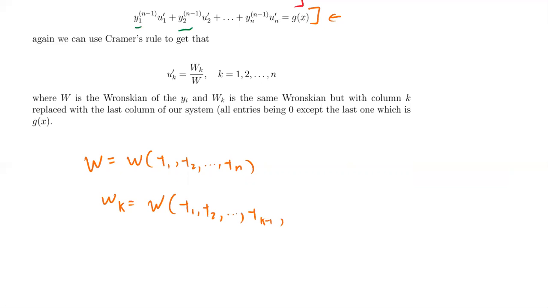Well, it's going to be a column of all zeros, and then at the end, we're going to have g of x. And then everything else is the same. So then u prime of k is this ratio, and then we find u k by integrating.